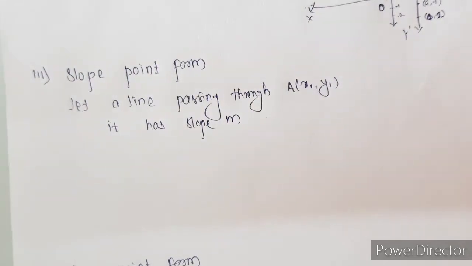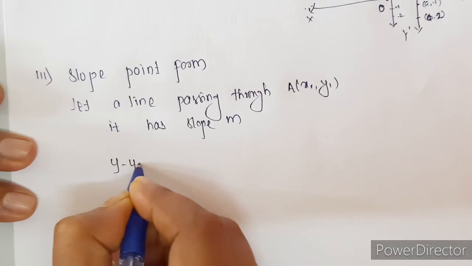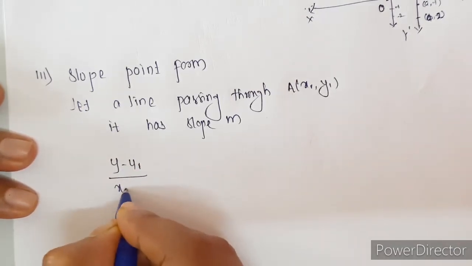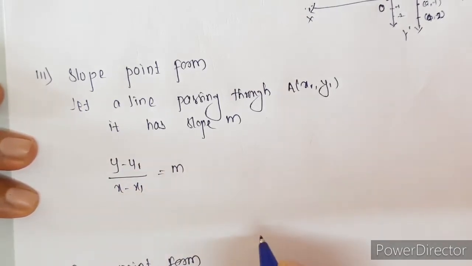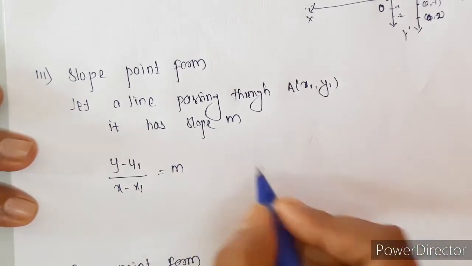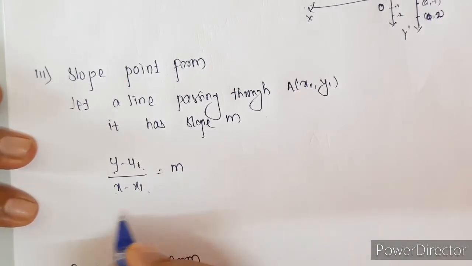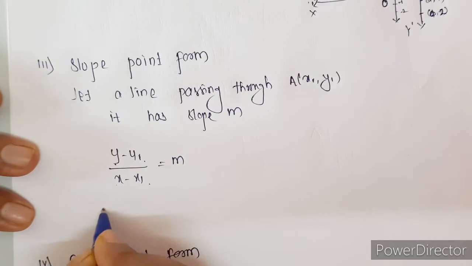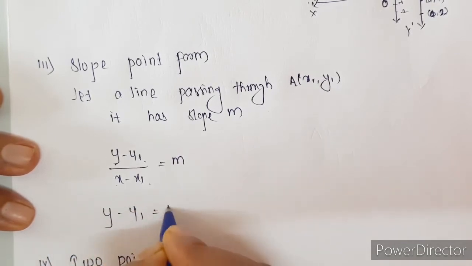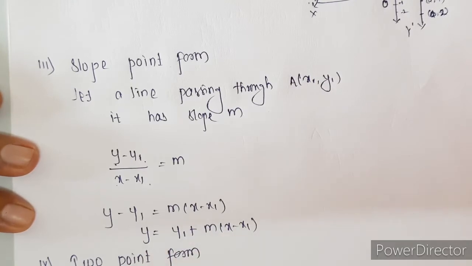Then the equation of this line can be written as y minus y1 upon x minus x1 equals m. Since it is passing through this point x1 y1, it will be y minus y1 upon x minus x1 equals m, which further can be written as y minus y1 equals m into x minus x1, or we can even write this as y equals y1 plus m times x minus x1.